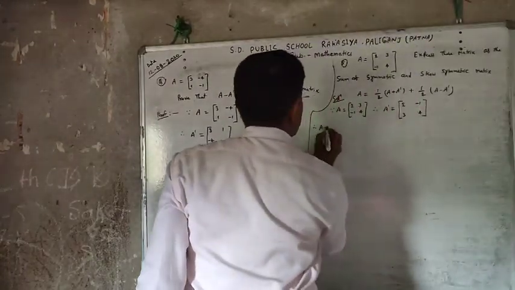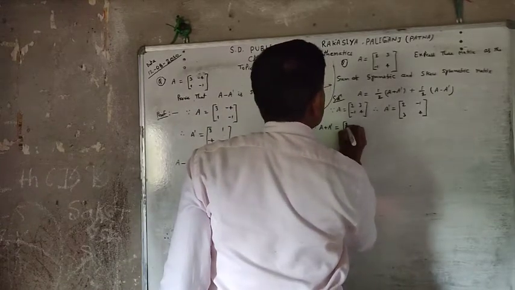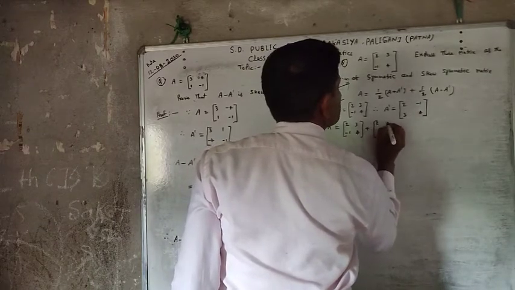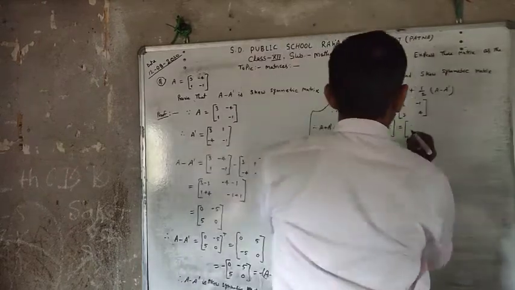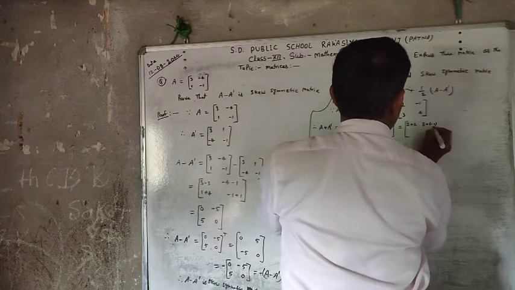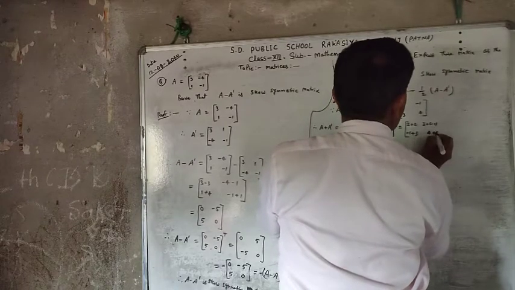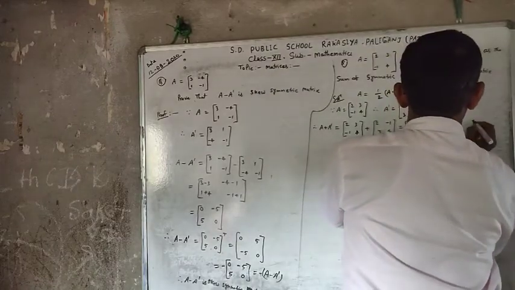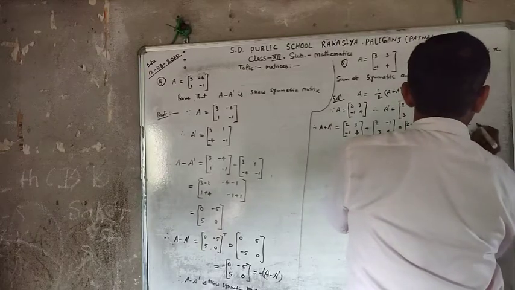Therefore, A plus A transpose is equal to matrix A, 2, 3, minus 1, 4, plus 2, minus 1, 3, 4. If we add this, we get 2 plus 2, 3 plus minus 1, minus 1 plus 3, and 4 plus 4. Hence, we get 4, 2, 2, 8.